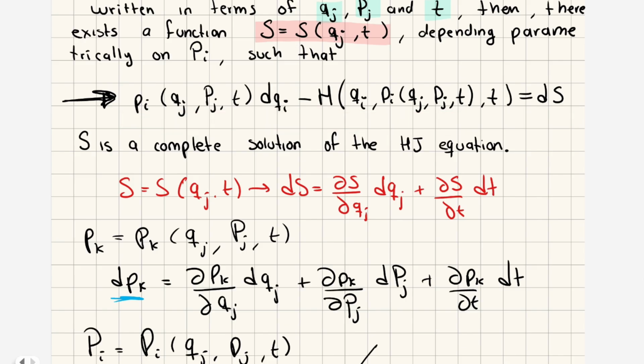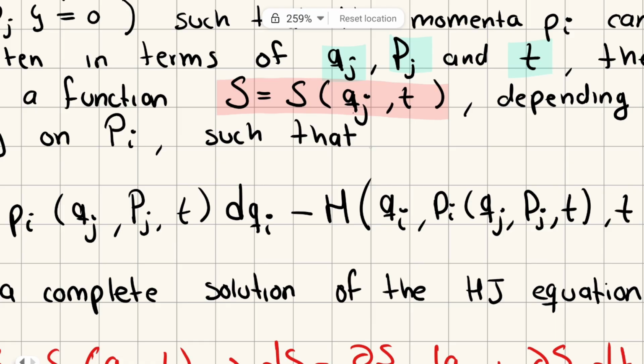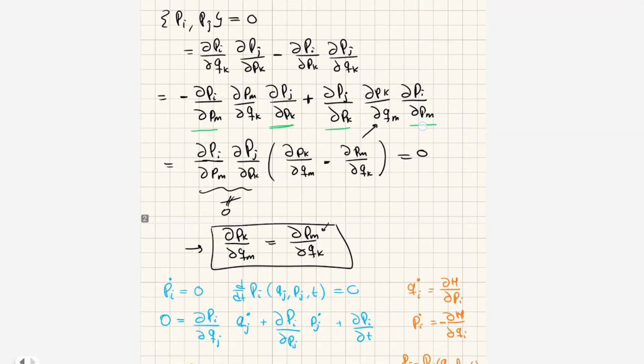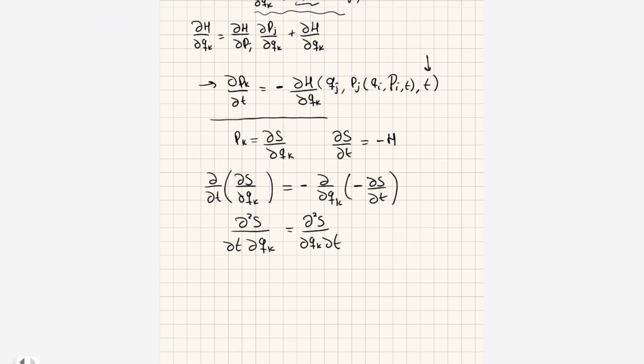So this function s that depends only on the q's and the time exists, and looking that it satisfies the equations of the generating function that we use to solve the Hamilton-Jacobi equation, it turns out that this s is a solution of the Hamilton-Jacobi equation.